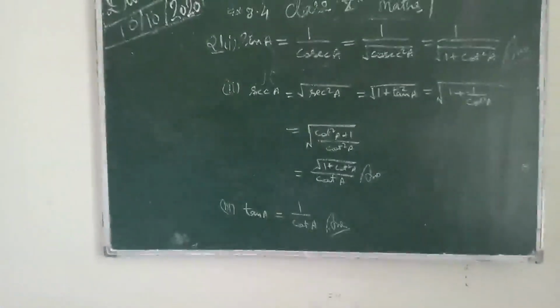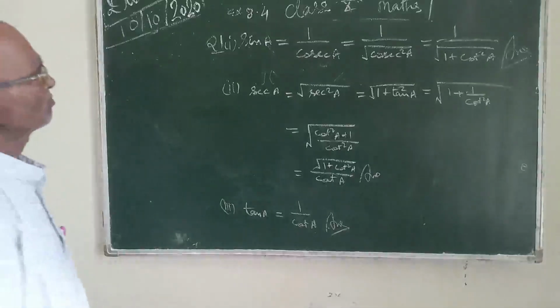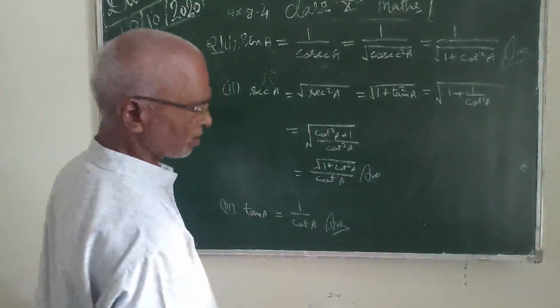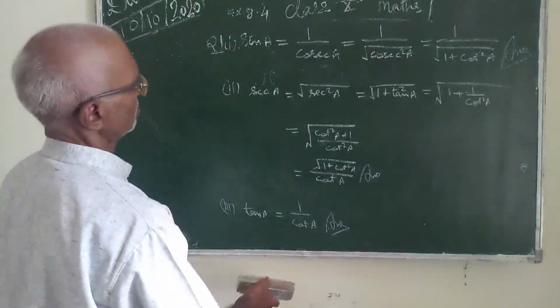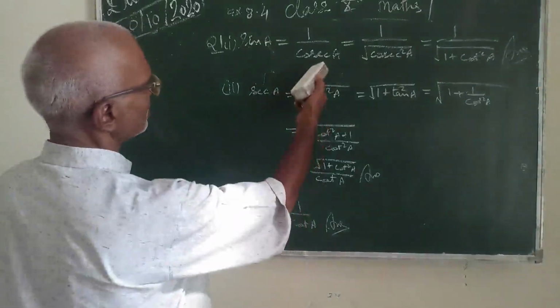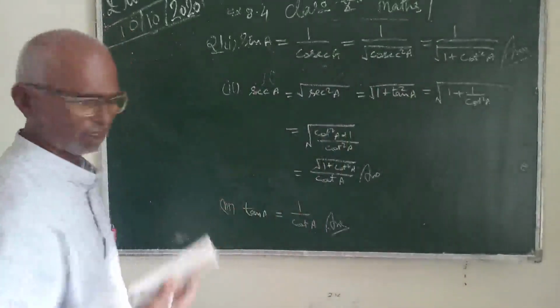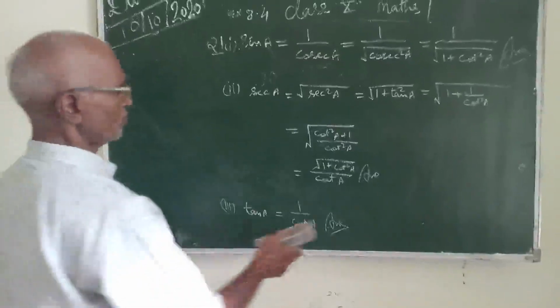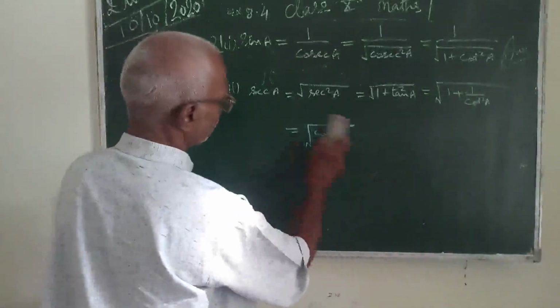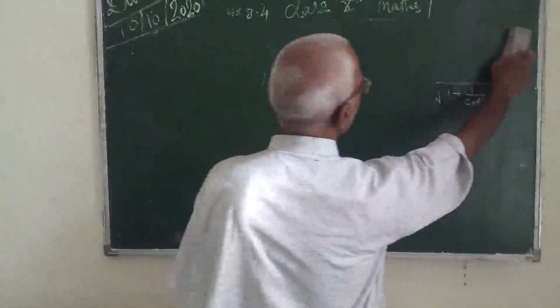All are related to each other, but better knowledge is required. I did all the 3 parts to practice, and even one more, cosec, is there. So cosec can be represented with sec, sin, cos, tan, all are there. Any ratio can be represented in the form of the other 5 ratios.